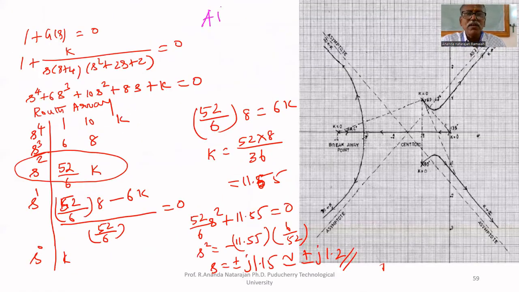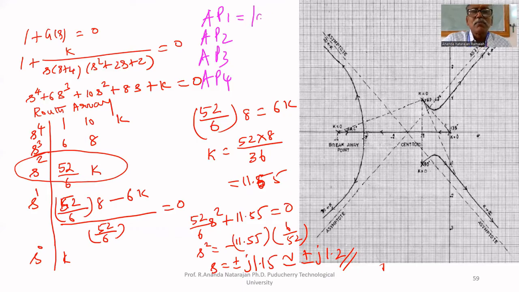We have to find AP1, AP2, AP3 and AP4. If you multiply all these, you will get K. Don't use this 0.8; it is a typical value, I am not drawing exact. You would find it in your graph sheet.